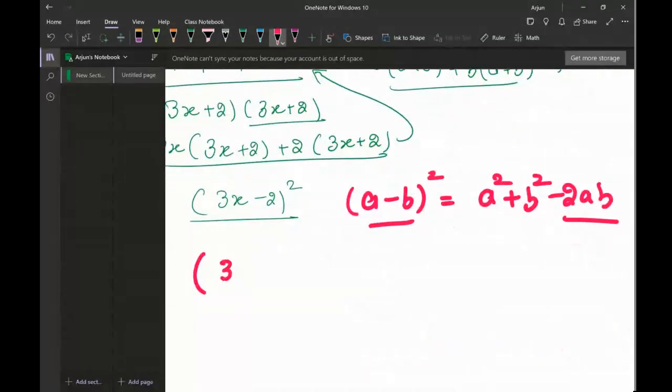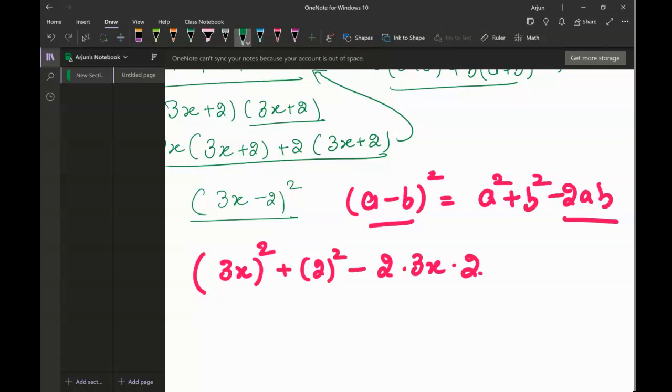Now in this one, (3x) squared plus 2 squared minus 2 times 3x times 2. The final answer for this one will come out to be, again this distributes over 3 and x also, 3 squared is 9, and this will be x squared, plus 4, minus 3 times 2 is 6, 6 times 2 is 12.